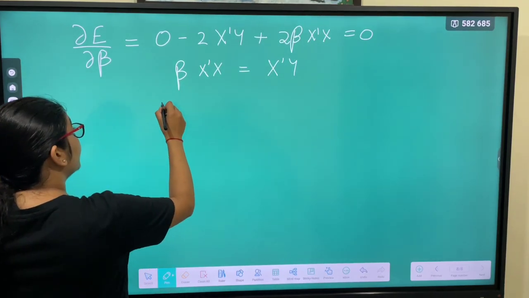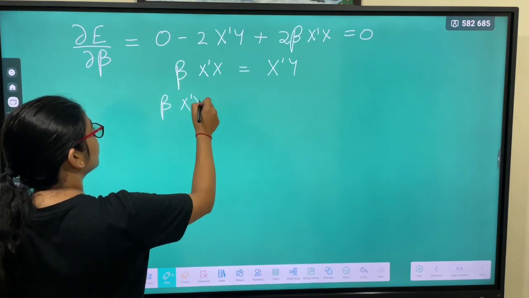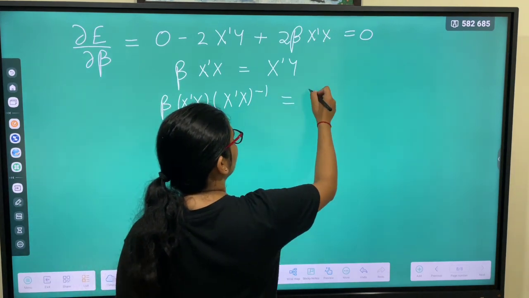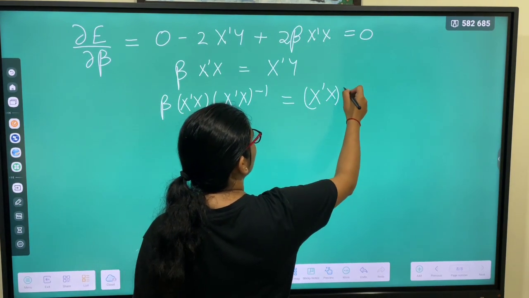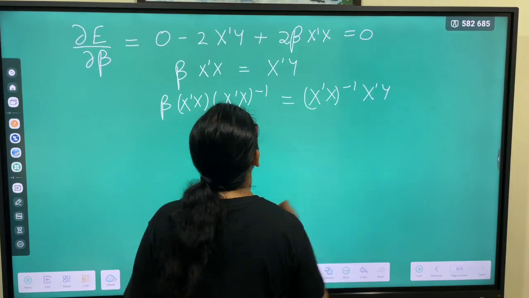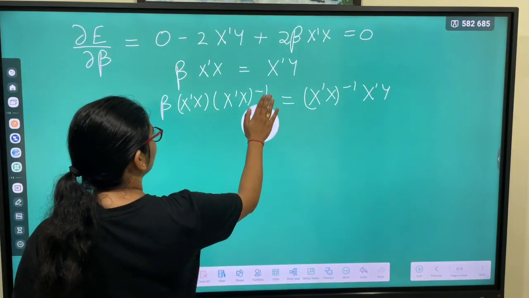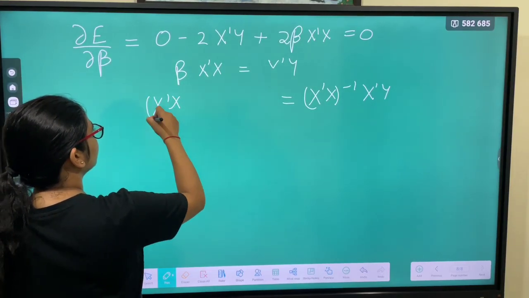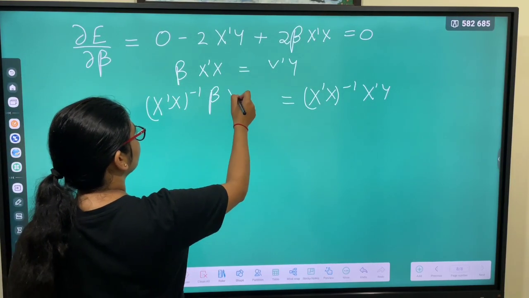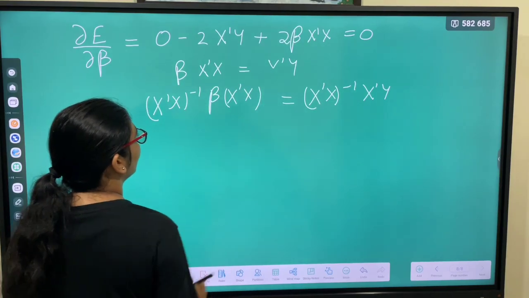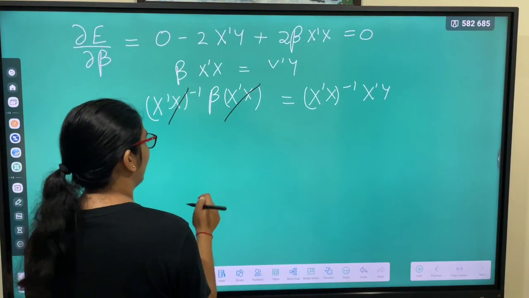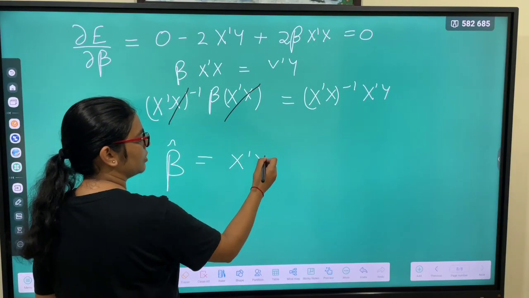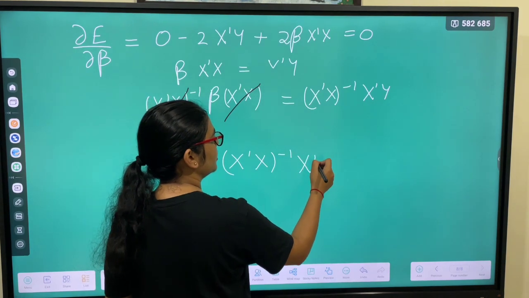Now multiplying by x dash x inverse on both sides, these two terms get cancelled and we are left with the estimator of beta, which is beta cap equals x dash x inverse into x dash y.